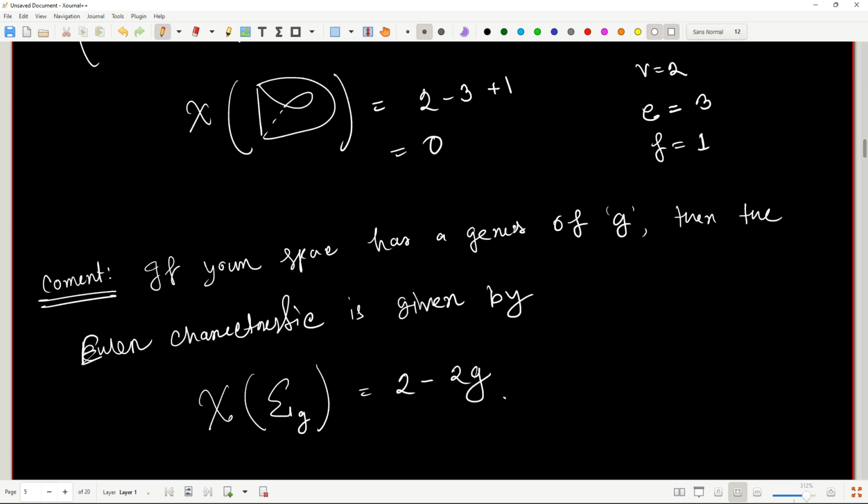This is a general formula, and this symbol over here means surface with genus G.